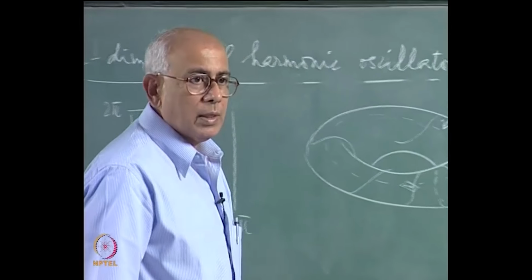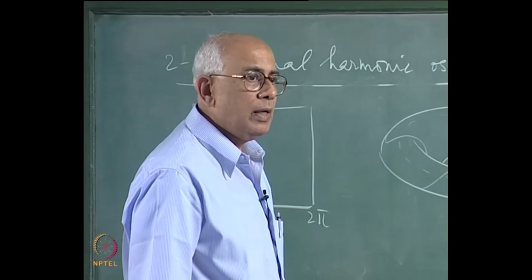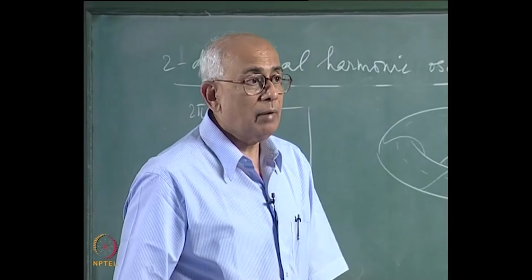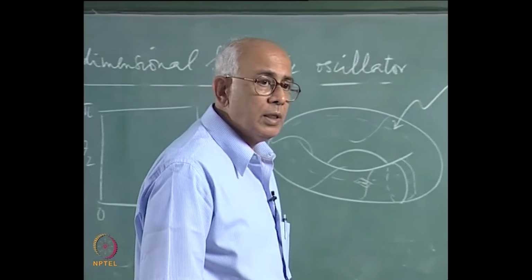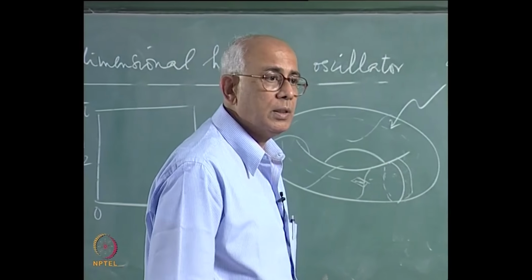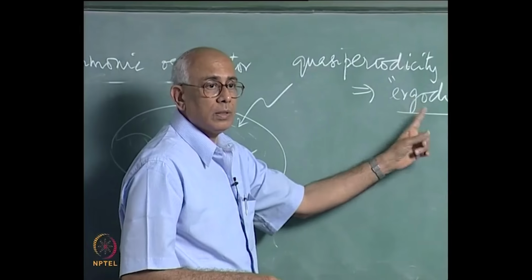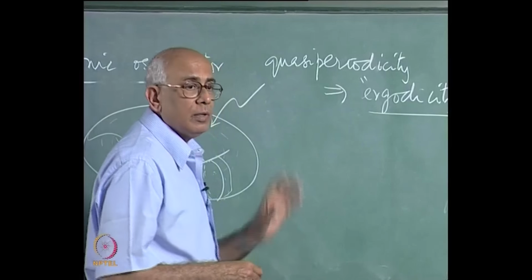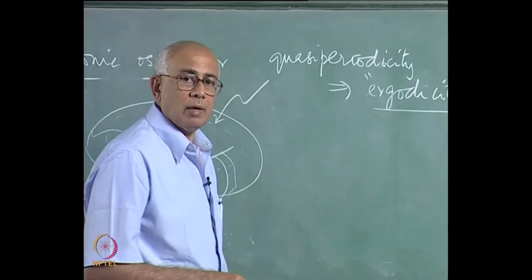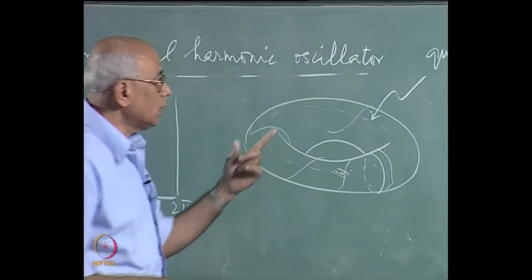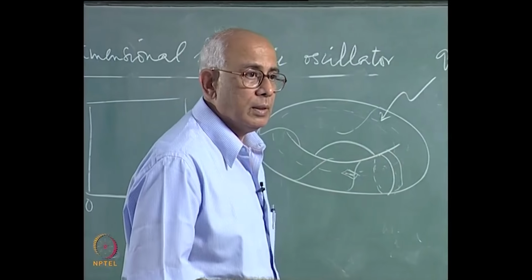And in fact, you know that in statistical mechanics you normally replace time averages by ensemble averages, by statistical averages, and the distribution function has to be prescribed to you by the conditions under which the system is kept, and that implies a certain kind of ergodicity. It assumes that time averages can be replaced by statistical averages. And this is exactly what happens here in this dynamical system, which displays quasi periodicity.